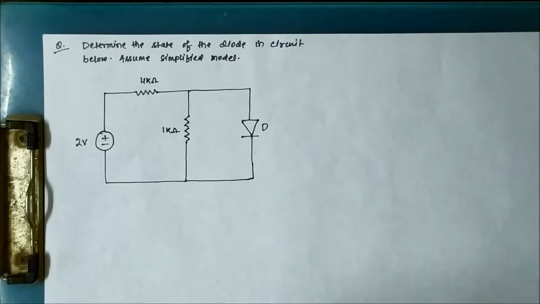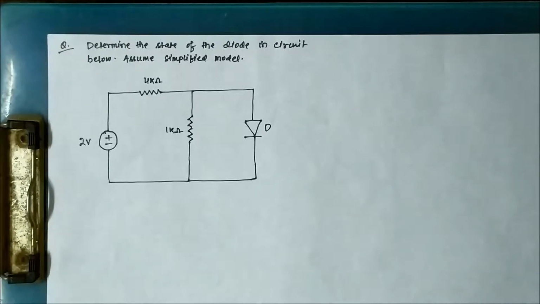So in the next few videos, we will try to understand some more concepts related to diodes with the help of some numerical problems, and understand the application of the concepts by solving these numericals.